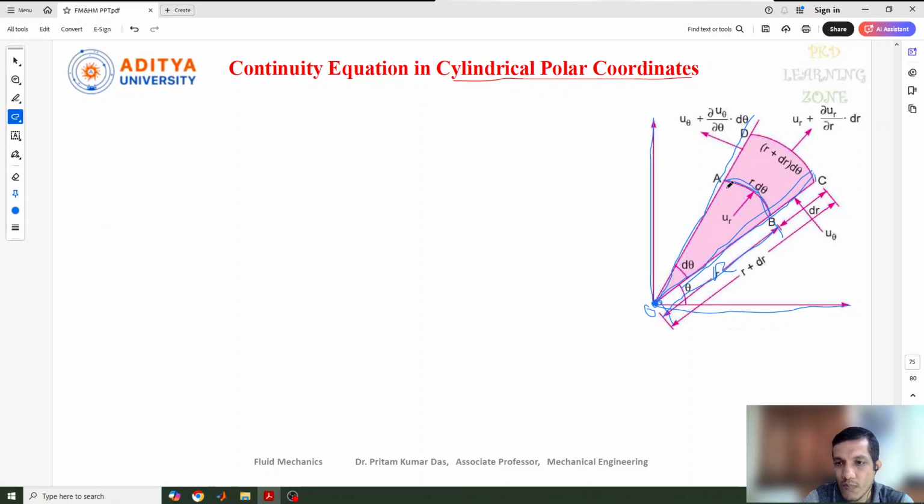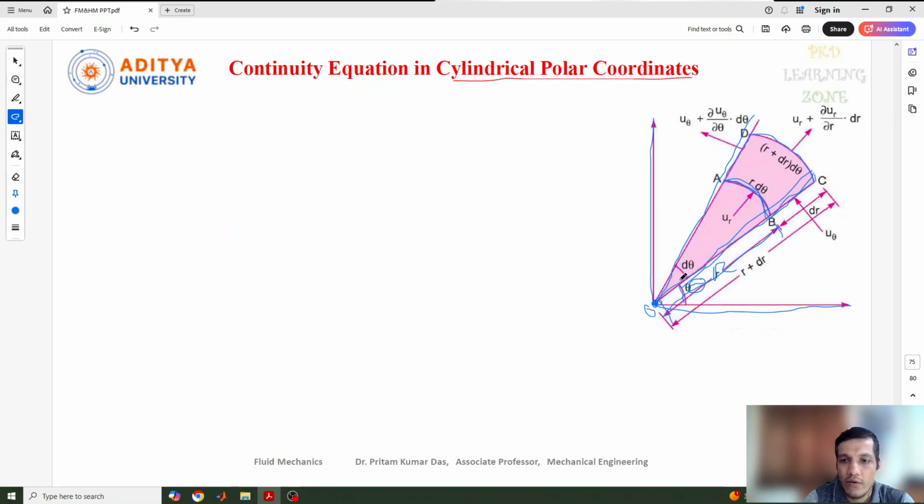It has moved with an angle of theta with respect to the x-axis. This is the location of CD, and this is AB. Now if you consider this small part ABCD, I'll tell you what mass flow is moving in radially and what mass flow is going out radially at this location.